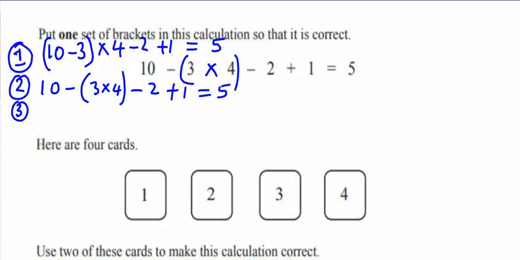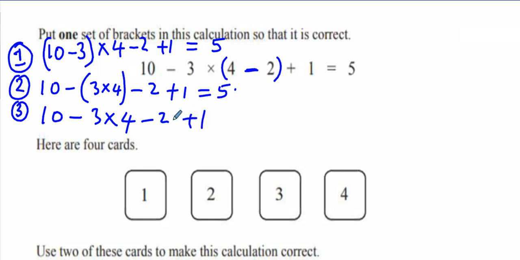The next possibility will be when you keep this subtraction sign in brackets. So it will be 10 minus 3 times 4 minus 2 plus 1. But this time 4 minus 2 has been put in brackets. Now see if you'll be able to get the answer equal to 5.